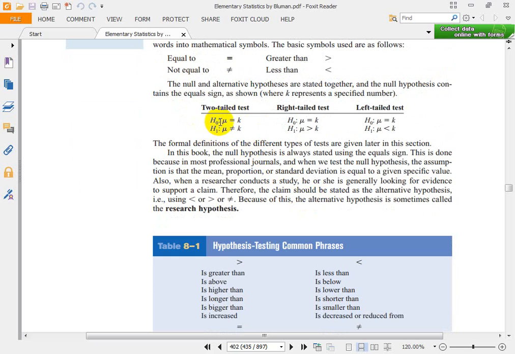Mu is equal to K and mu is not equal to K: two-tailed. Right-tailed test: mu is equal to K and mu is greater than K. Left-tailed means mu is equal to K and mu is less than K. So this is the notation they'll be using. So two-tailed, right-tailed and left-tailed. So three tests are there.